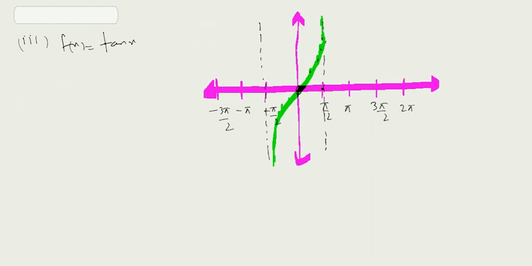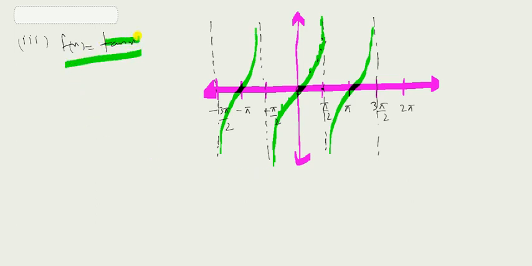Similarly here also, if I have this side, then again here you see like this the graph will be, and here also the graph will be like this. So this is the graph of f of x equals tan x. Very important one, you try to remember this graph, f of x equals tan x.